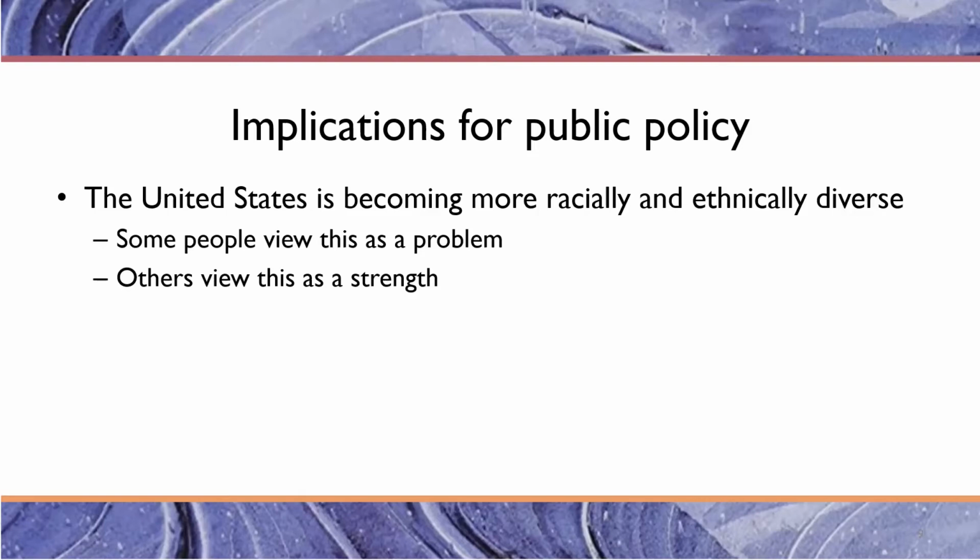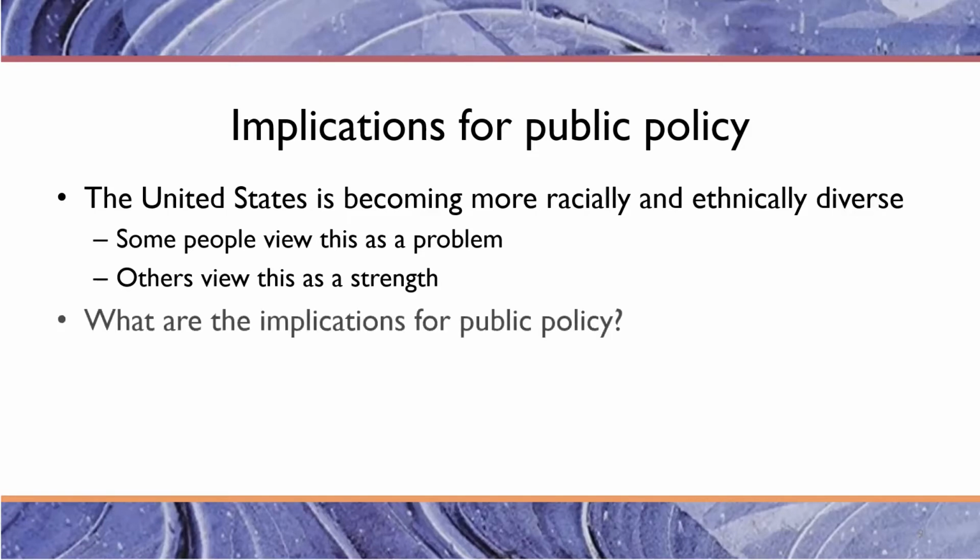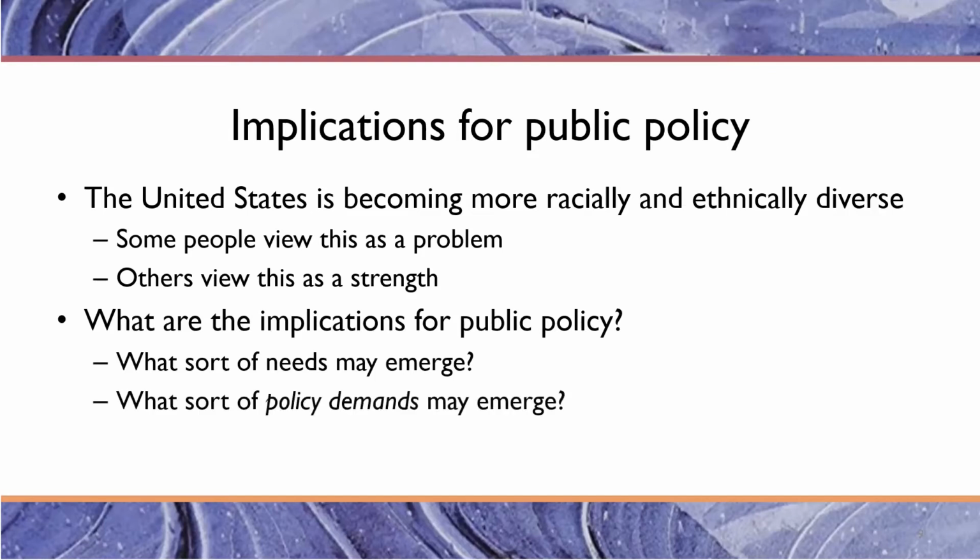They don't all think the same or speak with one voice. They live all over the country. So I don't want anybody to think that any one ethnic or racial group is politically or ideologically monolithic. But what does it mean for public policy then? It is that maybe different needs will emerge and different policy demands might emerge.